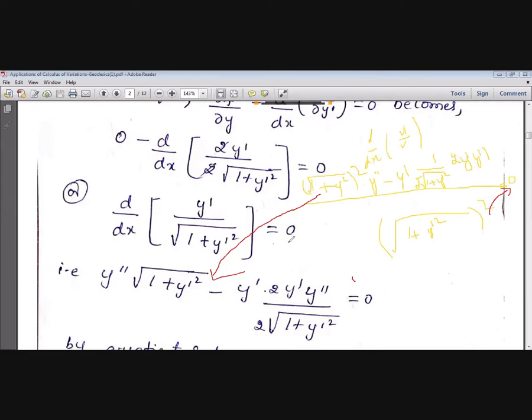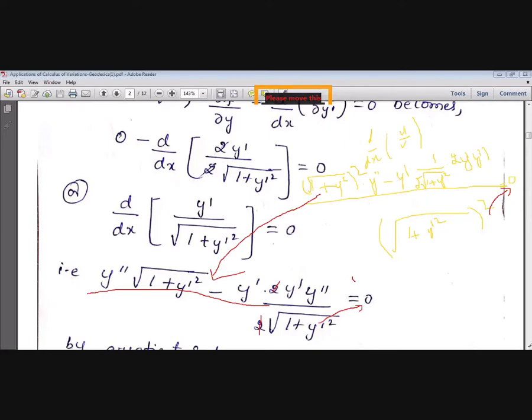Then to solve this, take LCM. 2 will get cancelled. LCM is 1 by root of 1 plus y dash square. Then cross multiply this to this, y double dash into 1 plus y dash square it will be. Here it will be y dash square y double dash. So again cross multiply this side, that will become 0.